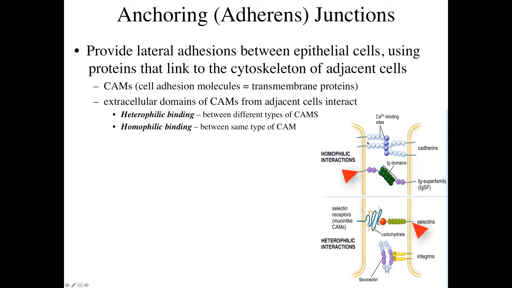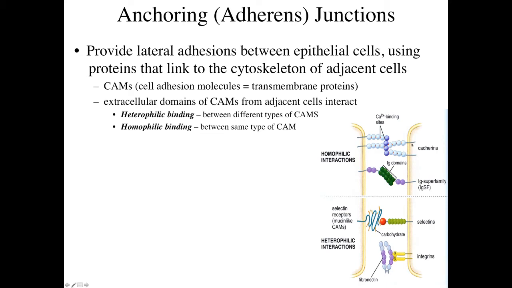The intracellular domains of these cell adhesion molecules bind onto the cytoskeleton in cells. Heterophilic binding would be binding of different types of cell adhesion molecules from one cell to another. So one cell adhesion molecule in this cell binds onto a different cell adhesion molecule in that cell. That's heterophilic binding as opposed to homophilic binding.